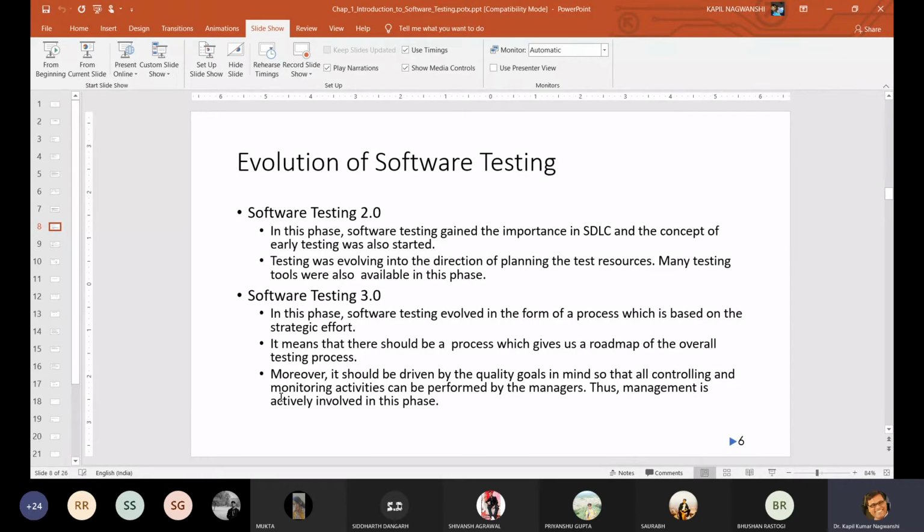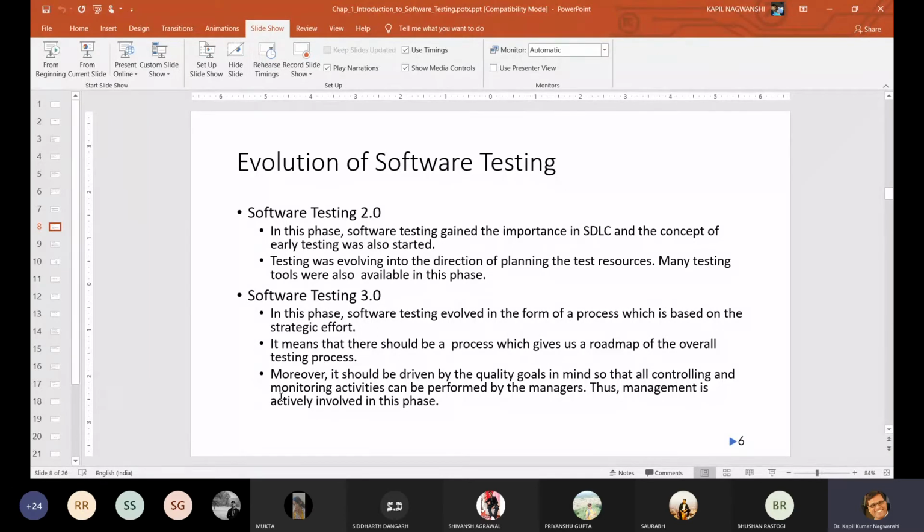Many testing tools were also available in this phase. So during this phase, software engineers or testers developed so many testing tools like WinRunner, LoadRunner, automated testing, and so many. Manual testing was obviously there.